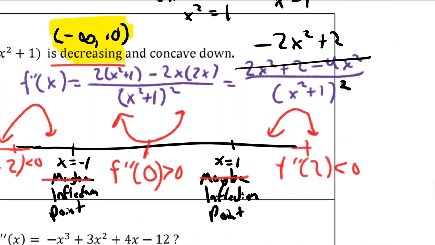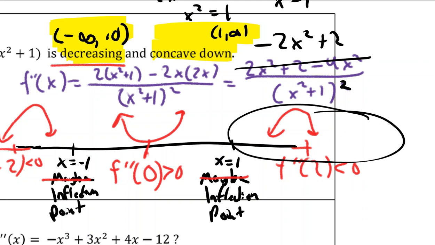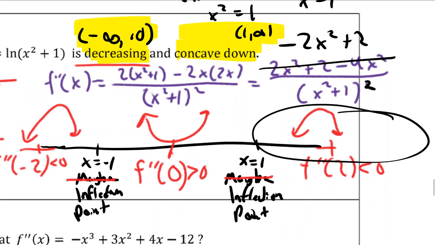Okay, so if this question was only about where is it concave down, well, it's concave down from 1 to infinity. It's also concave down from negative infinity to negative 1.